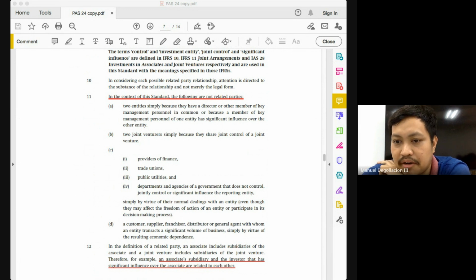Okay, because paragraph 9b and 11 are the primary source of multiple choice questions. For 11, which of the following describes a scenario wherein the parties are not related parties? For paragraph 9, which of the following describes a scenario wherein the parties are related parties? Okay, so please take note of paragraph 9 and paragraph 11.